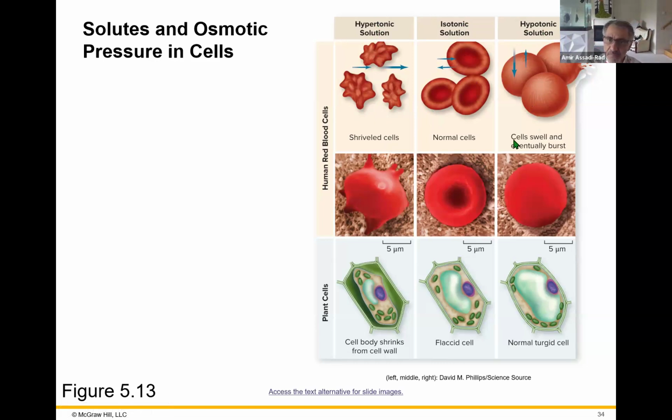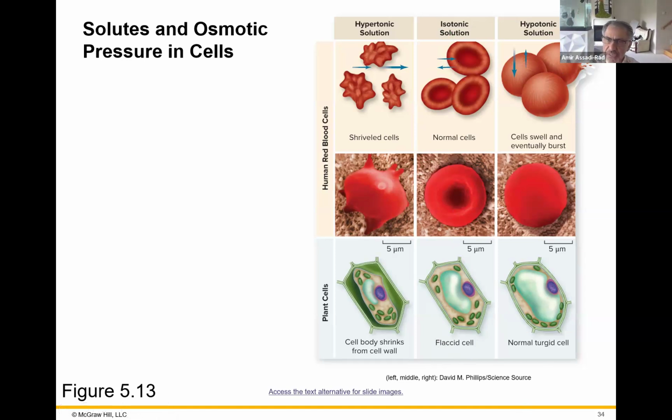Okay, same thing as plants. The plant cell will shrink. Here is the plant cell in isotonic environment. They will be flaccid, they shrink if they are placed in isotonic environment, and in a hypotonic environment, because they have to transport water.